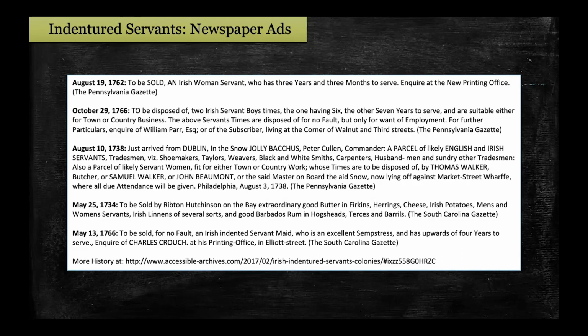Also a parcel of likely servant women, fit for either town or country work, whose times are to be disposed of by Thomas Walker, butcher, or Samuel Walker, or John Beaumont, or the said master on board the snow, now laying off against Market Street Wharf, where all due attendance will be given. 1738. Now let you read the rest.